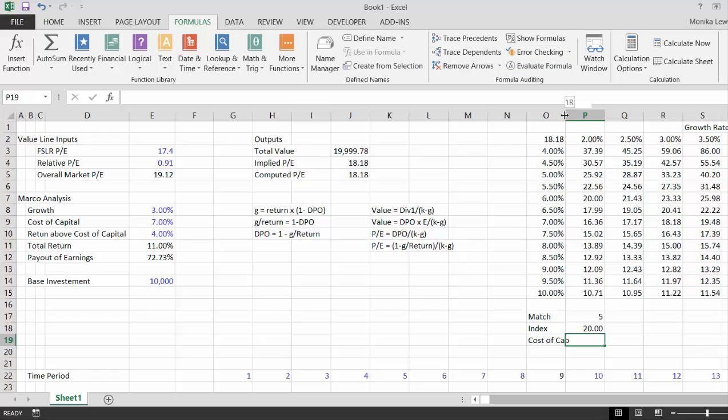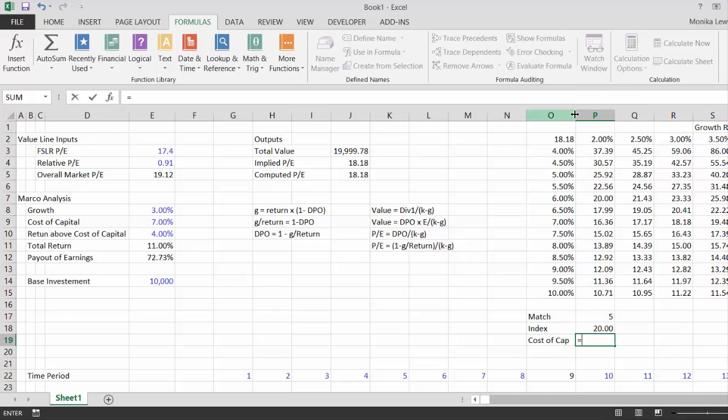Then we put index, and we select this one, and you press F4, and then we get a 6% cost of capital. Shift Control P. Now when they did this match, I better press the F4 key on this one, and I think that's okay.